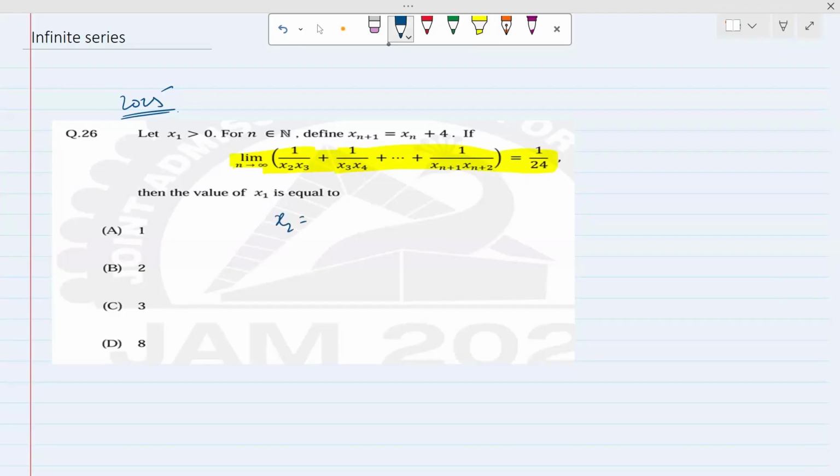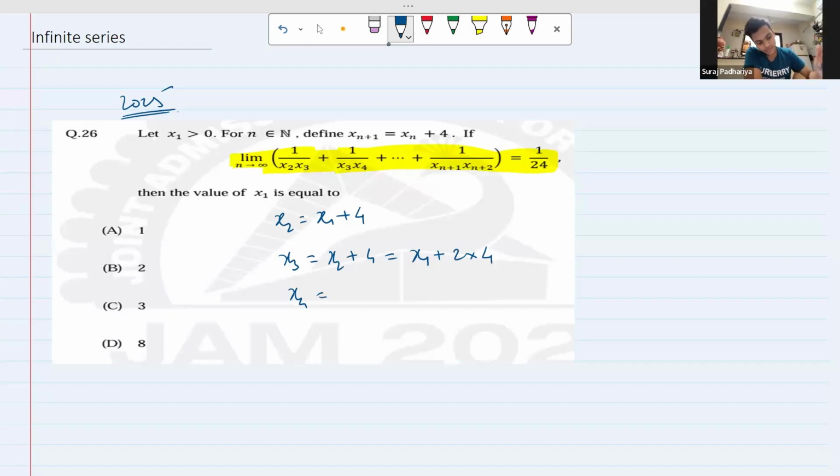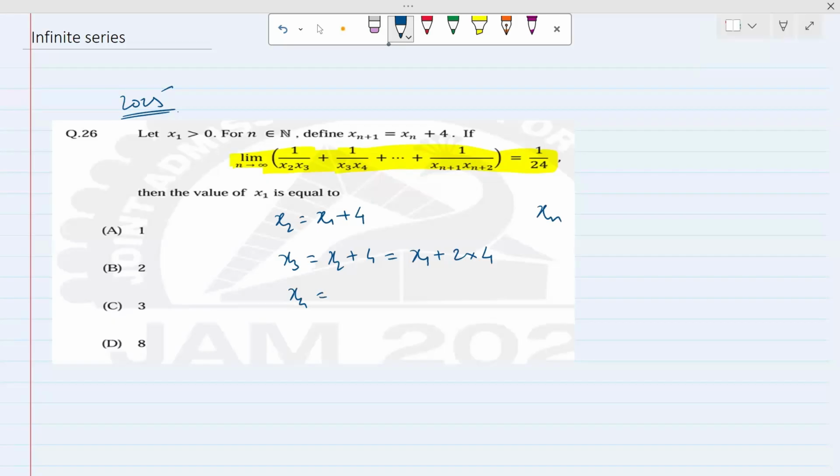So what is x2? x2 is x1 plus 4. What is x3? x2 plus 4, so that will be nothing but x1 plus 2 into 4, that is 8. So xn will be x1 plus (n minus 1) times 4.